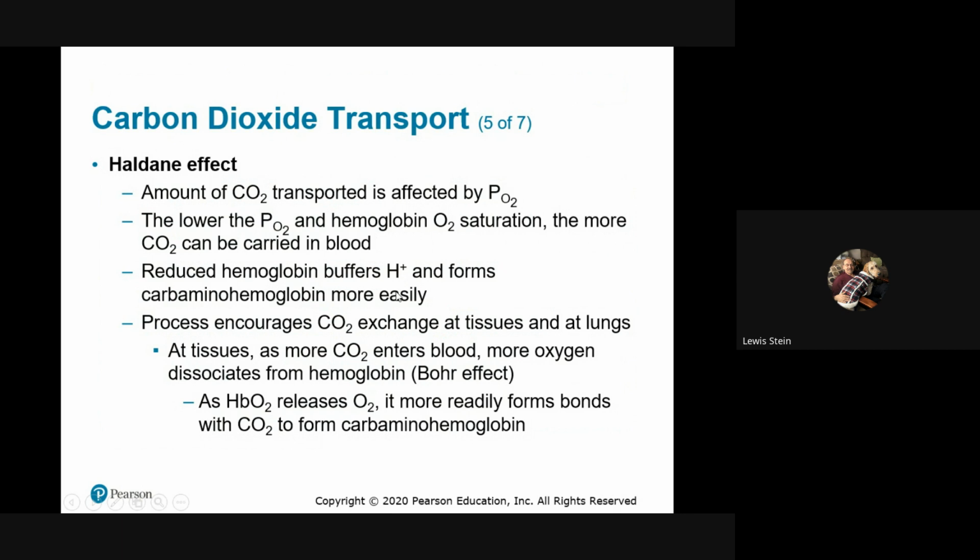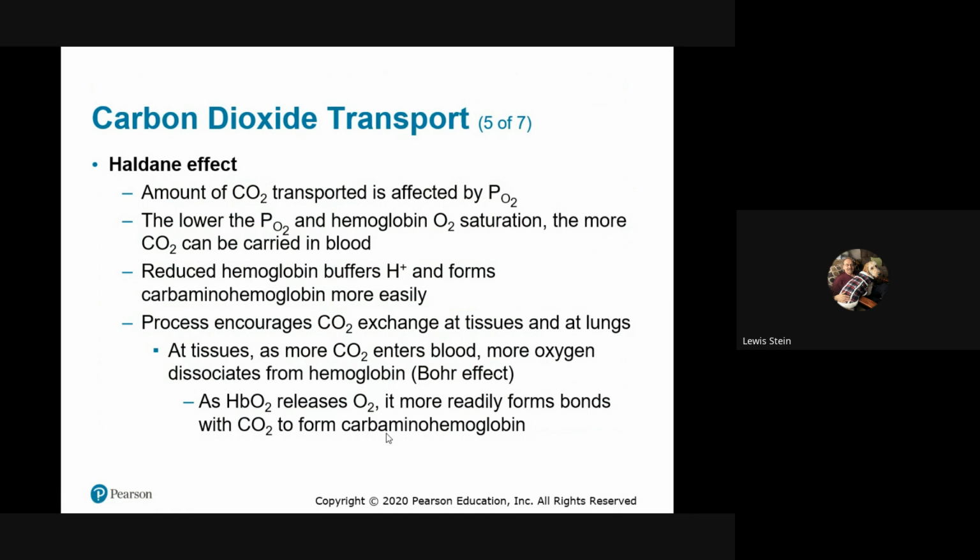So bottom line is, where the Bohr effect will unload the oxygen, the Haldane effect will facilitate the carbon dioxide movement. As more carbon dioxide enters the blood, more oxygen dissociates. As the oxygenated hemoglobin releases the oxygen, it more readily binds with CO2. So together they work together.